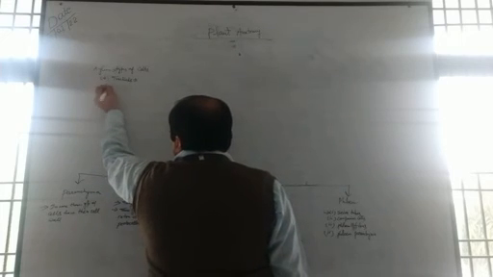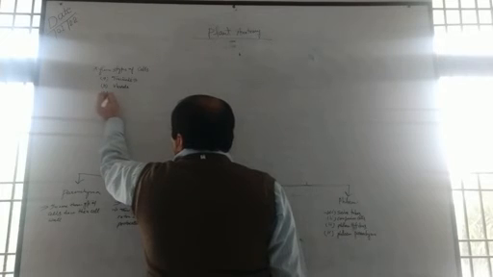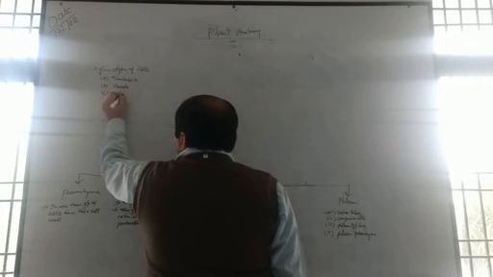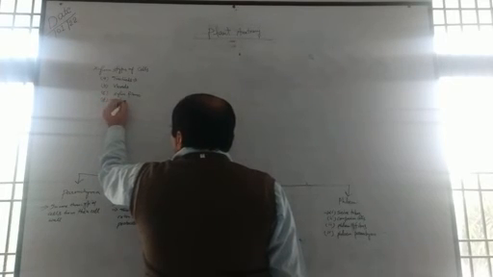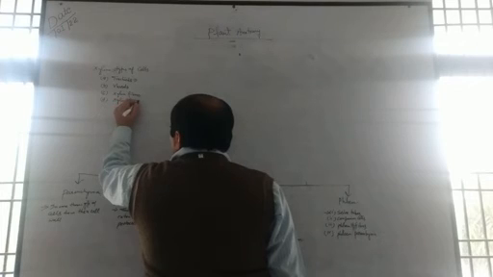Number two, vessels. Number three, xylem fibers. And number four, xylem parenchyma.